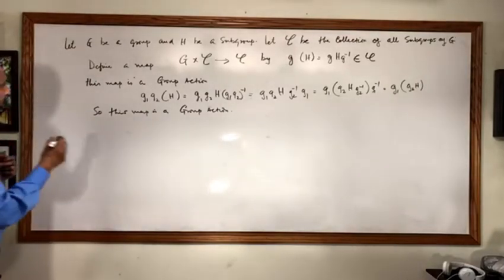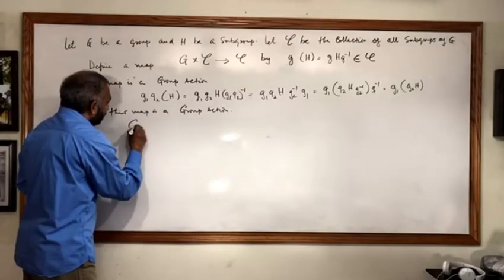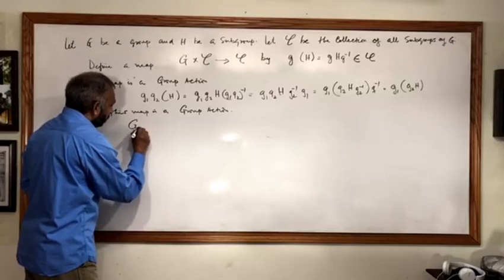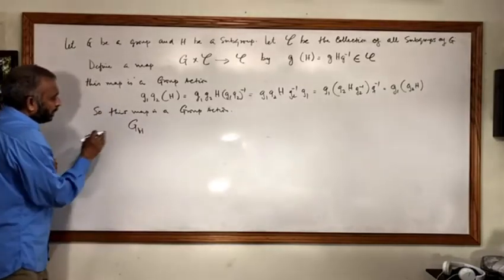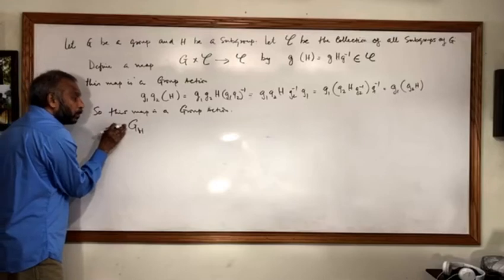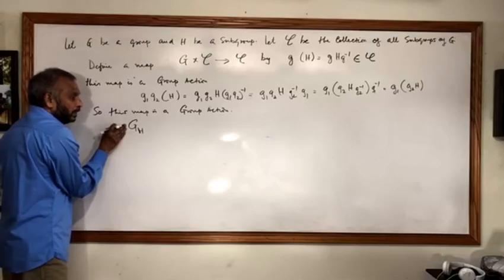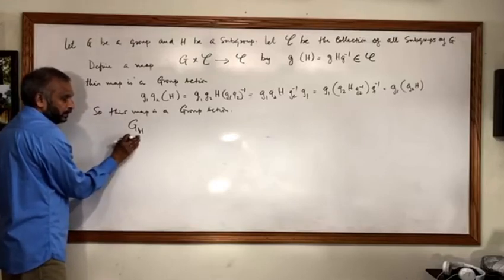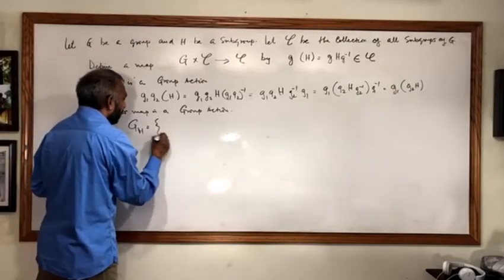So let us compute G_H. This is an isotropy subgroup of G containing H. And what is this?